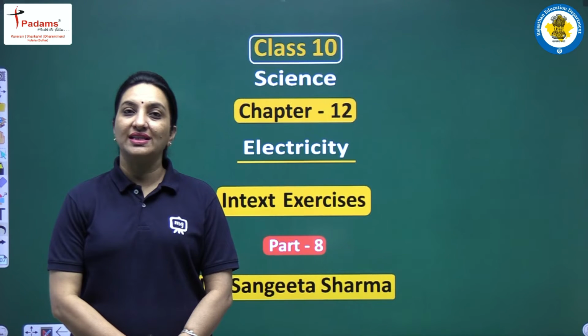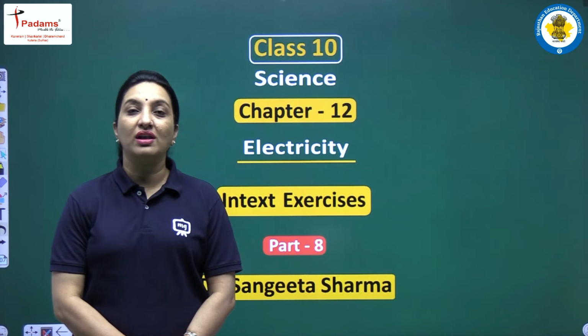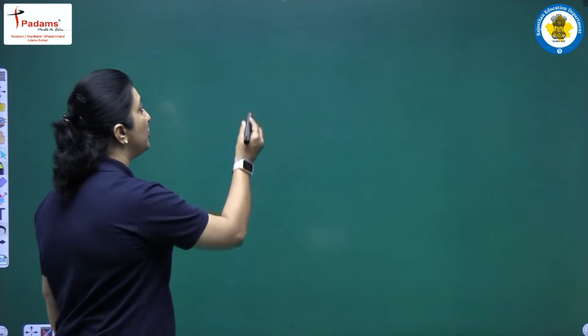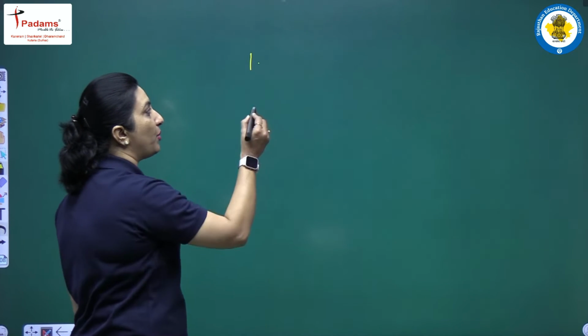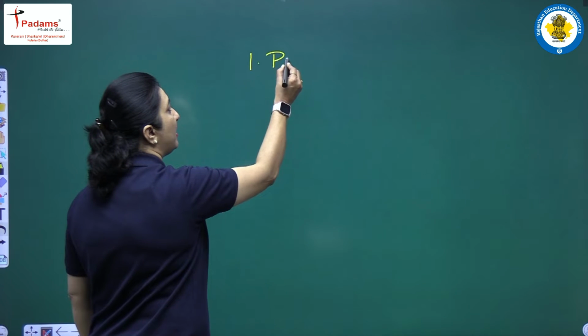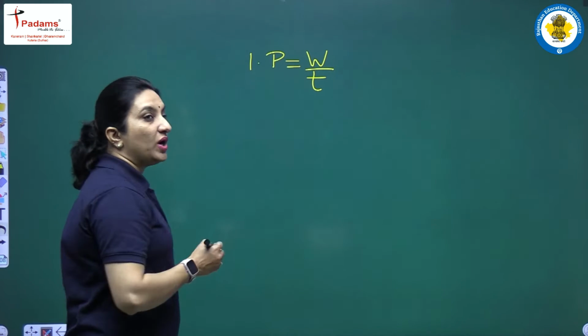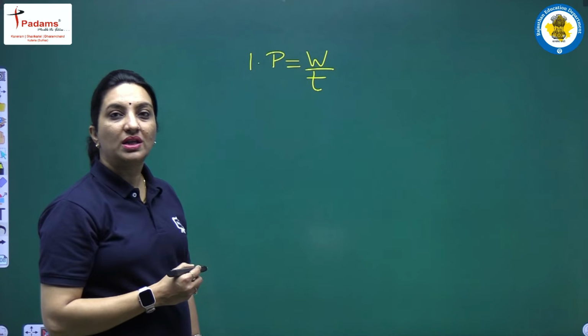To begin with, let's first understand and recall the formulae used. The first formula which may be used here in solving the numerical problems is that for electric power, that is given by the rate of doing work, that is work done upon time.